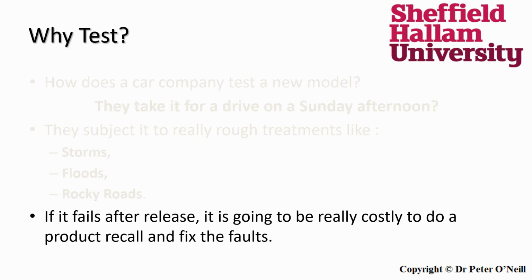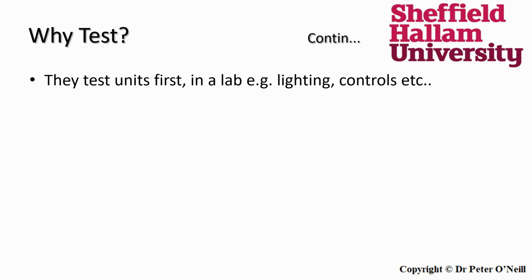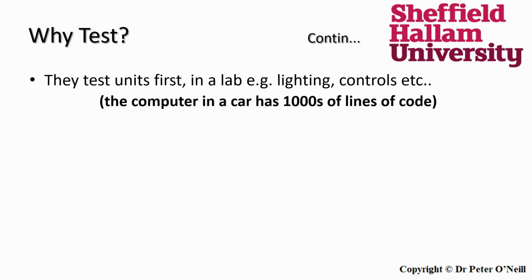If it fails after release, it's going to cost the company loads of money to call back each of the cars and repair any faults. I mean, a serious amount of money. So they test units first in the labs, for example, lighting controls. The computer in a car has thousands of lines of code.